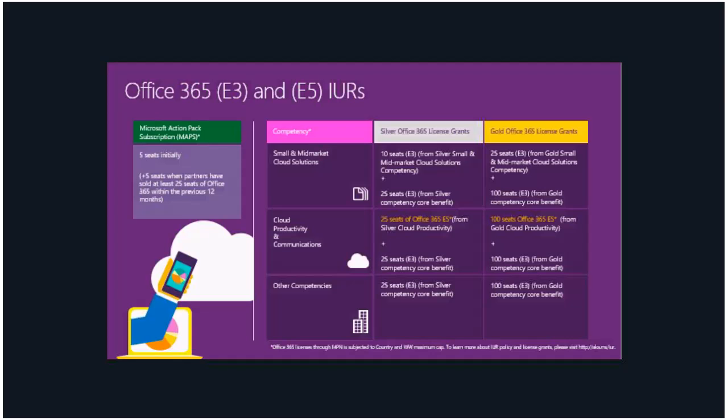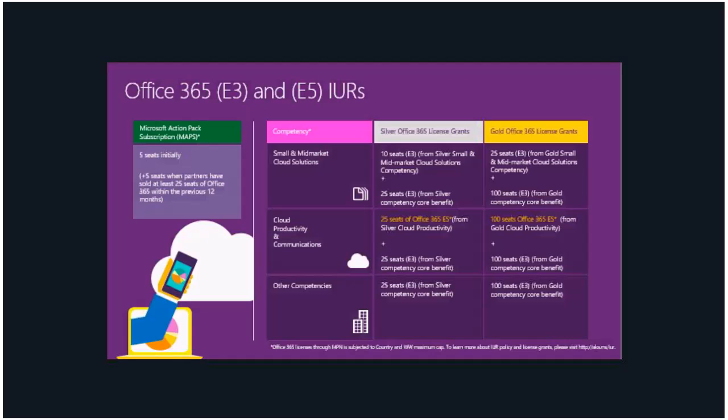For competency, if you are a silver small and mid-market cloud solutions competency holder, then you get 10 seats of E3 in addition, and 25 seats of E3 for gold. Now, if you go to the last row, the other competency section, that is your core benefit.